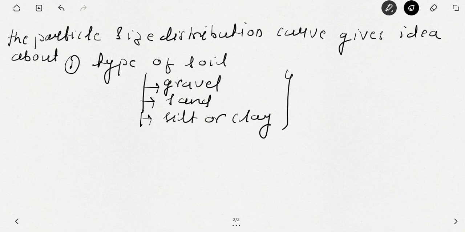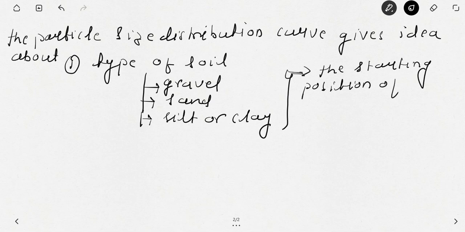Why? Because the particle size distribution curve consists of two parameters. Along x coordinate axis, the size is being represented under log scale. So, by looking at the size or by looking at the starting position of curve, that is from which particular size the curve is starting on x-axis, we can tell that it is a gravel soil, sand, silt or clay.